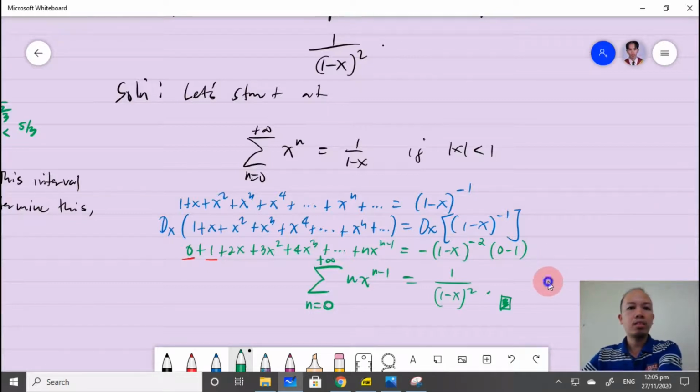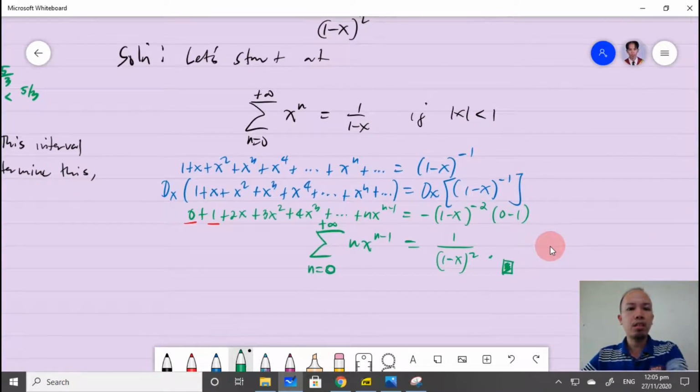Okay, so let's have this example here. Notice that the problem is you are going to get the power series representation of 1 over 1 minus x squared.